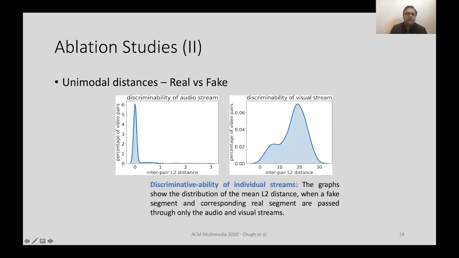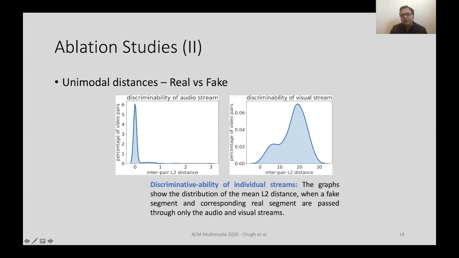Further, we also investigated the unimodal distances. On the x-axis, we have the interpair L2 distance. Interpair means the real and fake for a particular subject. And on the y-axis, we have the percentage of video pairs. We see that for the audio stream, the distribution is quite skewed, and it is around 0.